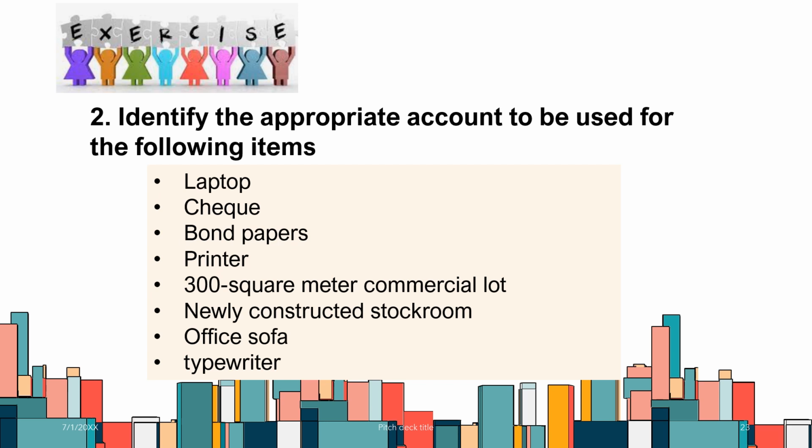About a 300 square meter commercial lot. That's land. Newly constructed stock room. That's building, so you use the building account title. How about office sofa? That's detachable, so usually we use furniture and fixtures. And then how about typewriter? For typewriter, we use equipment or office equipment.